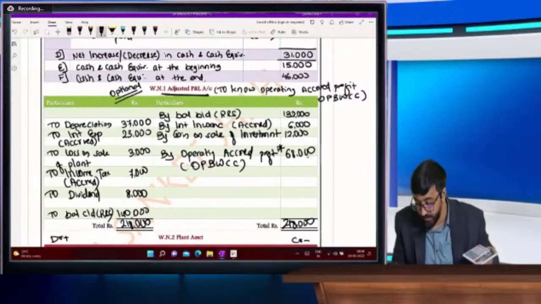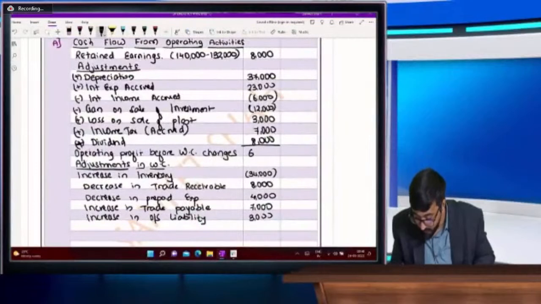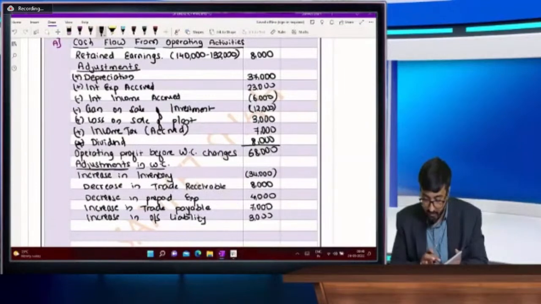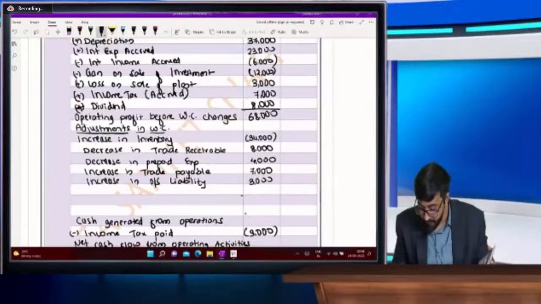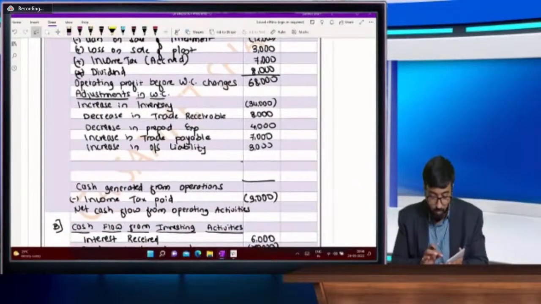68,000 I am getting here, and you are also getting 68,000 here. You can check 8 plus 37 plus 23 minus 6 minus 12 plus 3 plus 7 plus 8. I am getting 68. Cash generated from operations: 68 minus 34 plus 8 plus 4 plus 7 plus 3.